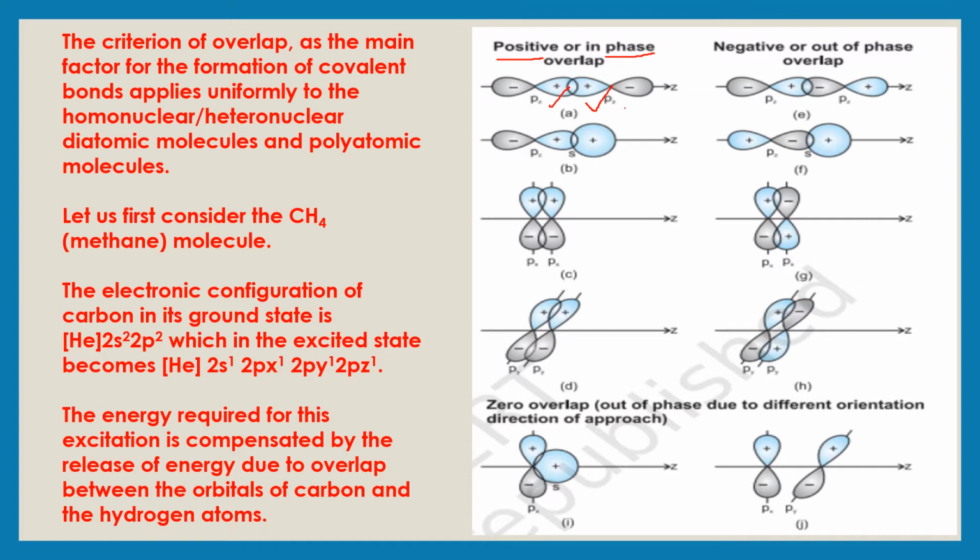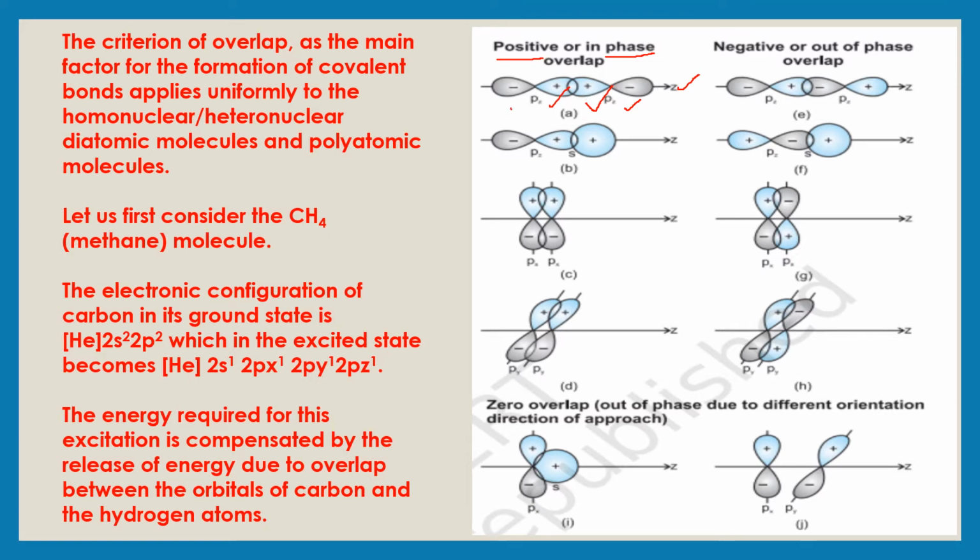So if I am showing two pz orbitals, this is pz. As you can see, this is the z-axis, and by convention, the z-axis is taken as the molecular axis. They say that around this, the whole molecule is arranged. It is passing just through the middle of the molecule.